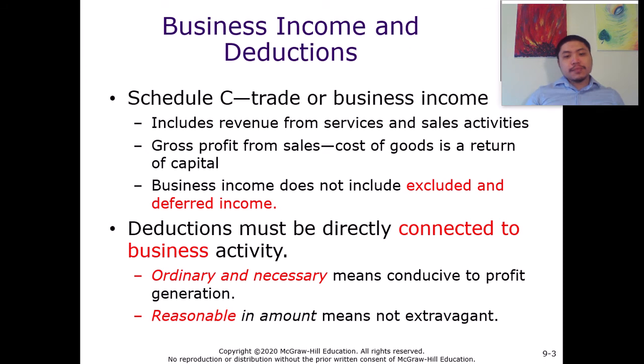So that's just some examples about the characteristics of the expenses, right? Again, the deductible expenses have to be ordinary and necessary, and at the same time have to be reasonable in amount. All right.